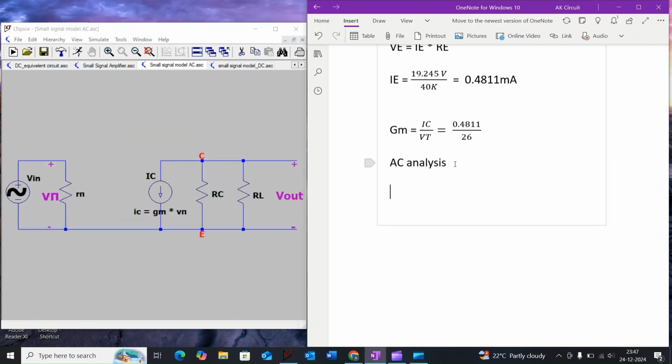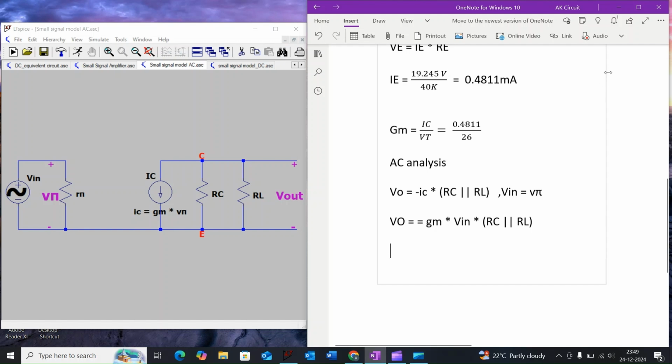And we can replace this by the small signal model. As per this model, the output voltage V out is equal to minus IC times collector resistor RC parallel with load resistor RL. As you see here, input voltage V in is equal to V pi. So the output voltage V out is equal to minus GM times V in times RC parallel with RL.